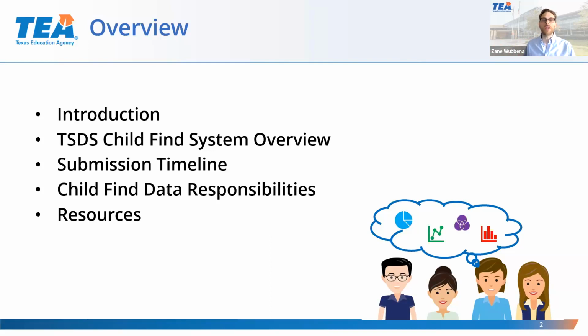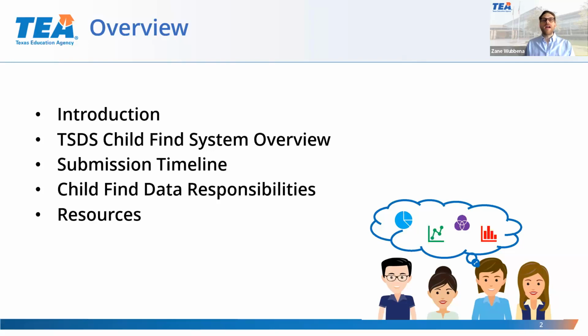Some of these responsibilities mostly relate to the LEA or district level, especially because the Child Find collection requires collaboration between not just program area staff, but PEIMS and TSDS data stewards who also work at the district. A lot of the responsibilities that we're going to outline are based on trainings that TSDS envisions for their system, with which we collaborate, and some of our vision for how the collaboration works.